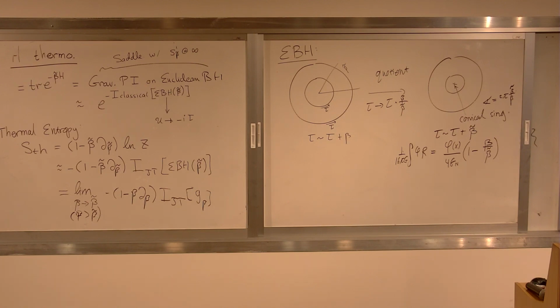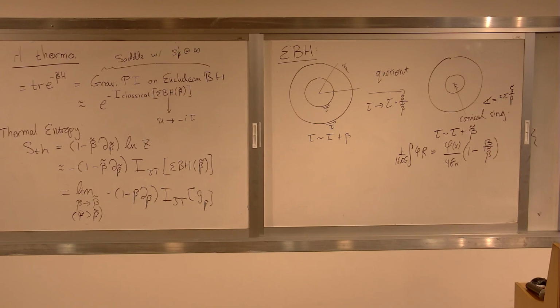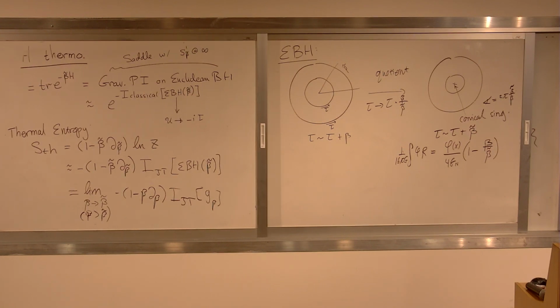Because we evaluated this on the singular space-time, it picks up this extra contribution. The integral of phi R has that piece, which means we have to subtract it. Subtracting it means you add this term, to get rid of the contribution of the conical singularity.